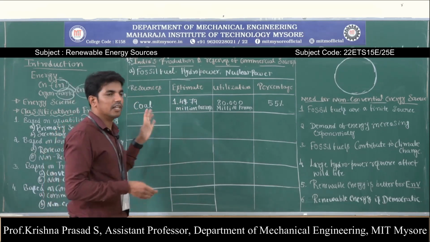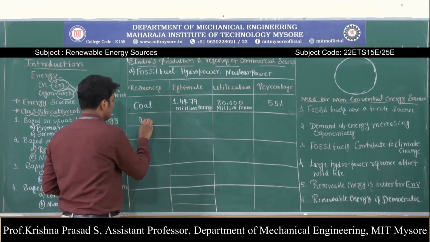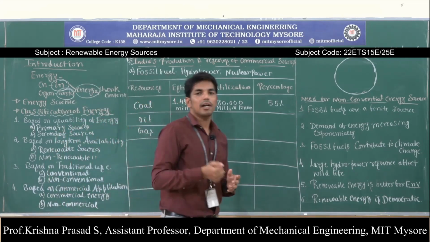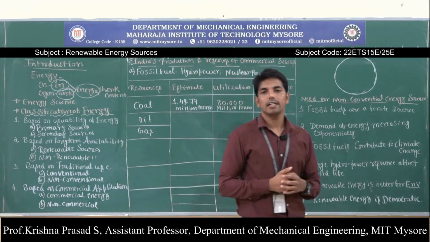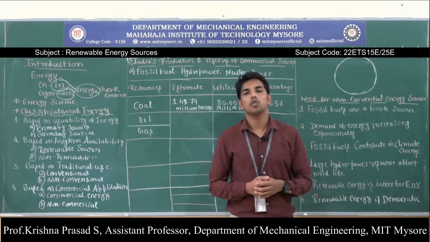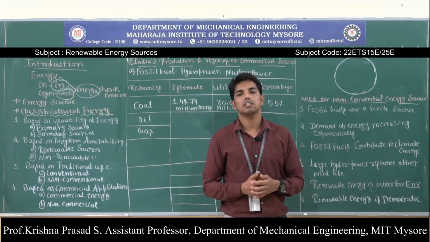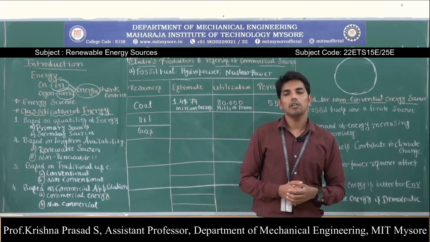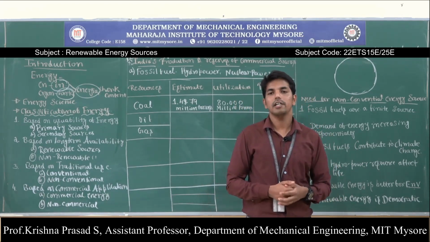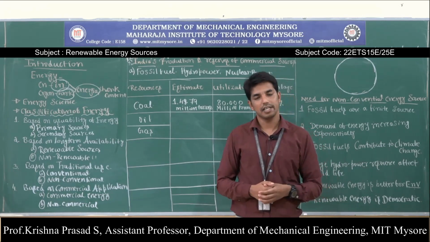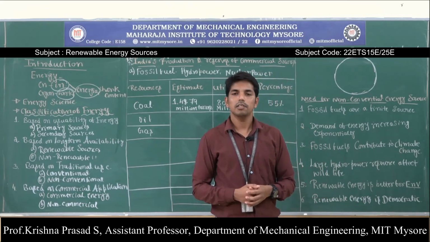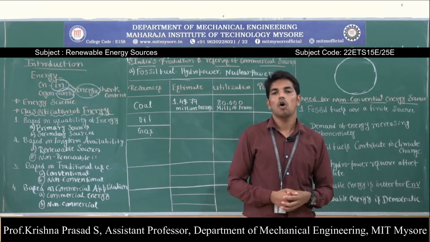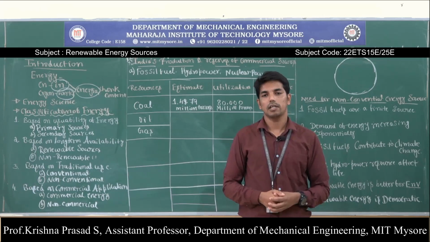Next, a very important one is oil and gas. The demand for fossil fuels increases rapidly due to the growth of industrialization, transportation services and population. That's why the government of India felt the need for exploration of oil and natural gas, and established ONGC in 1956 as well as Oil India Limited in 1959.